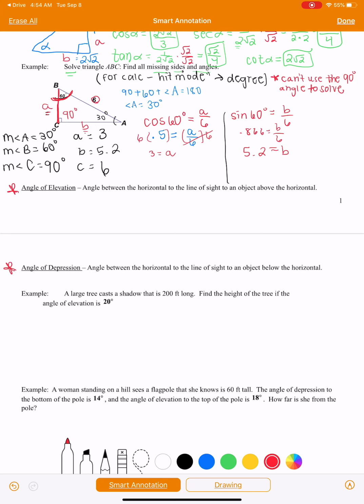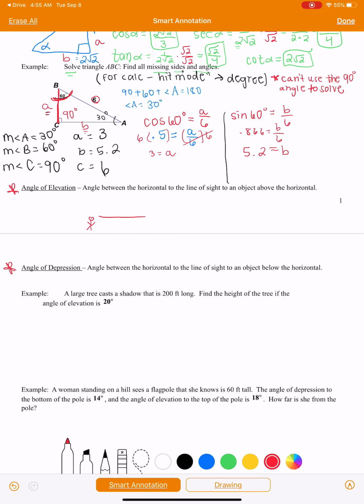So for example, if I were to draw a picture, and let's say for angle of elevation, we have this horizontal line. And if we're looking at an object, so let's say we're a person, maybe we're standing here, and we're looking up at an object, well, the horizontal line from where our eyes are, so if we're looking straight ahead, let's just pretend there's a parallel line to the ground shooting out of our eyes, and that's this horizontal line.